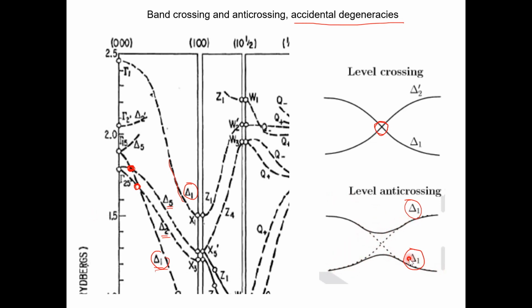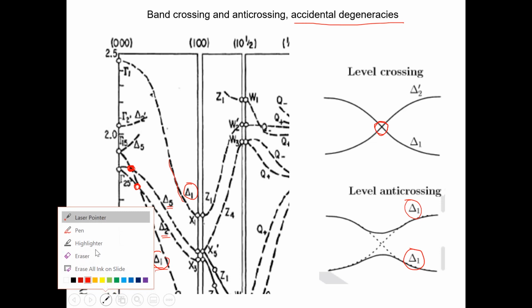So there was a tendency for these two bands to cross, but since they have the same symmetry, there is some mixture or hybridization between these two states, and they actually anti-cross, because this is forbidden. This degeneracy for two delta 1 states, since they are both one-dimensional representations, is a forbidden cross, and that's why there's an anti-crossing here.